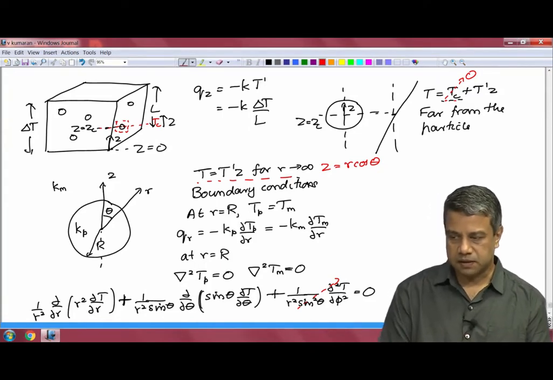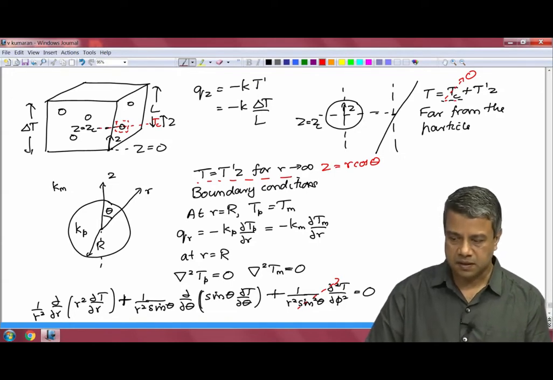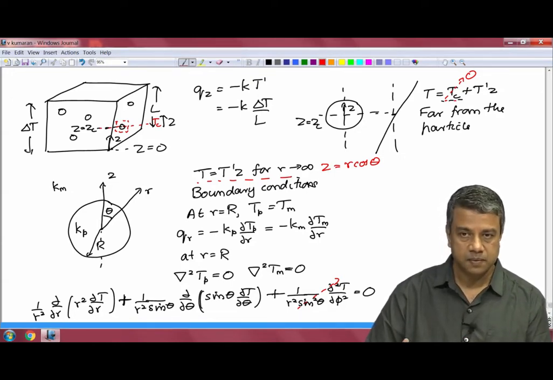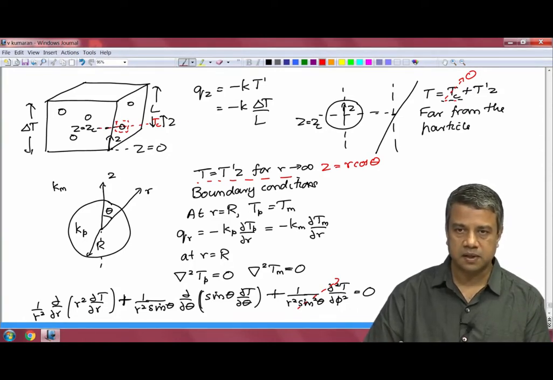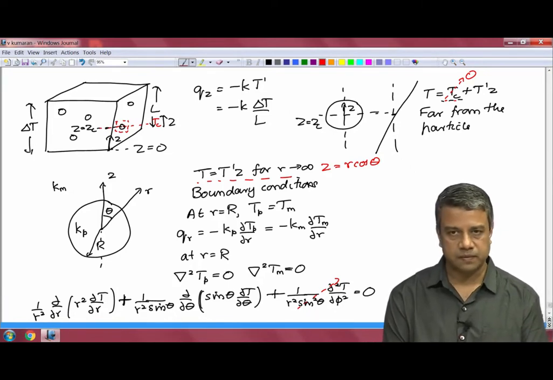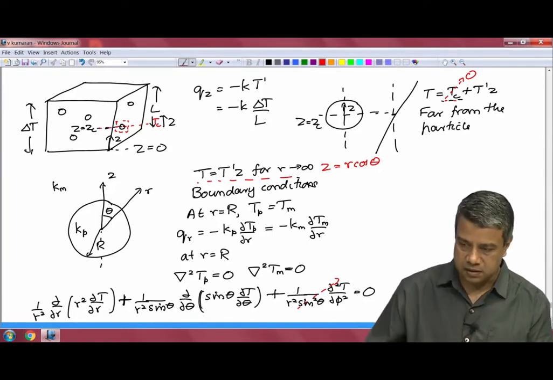So, the temperature field around each particle will be of the form the temperature at the center plus a temperature gradient times the z coordinate far from the particle. Of course, the temperature close to the particle will be different, but the temperature far from the particle will be of this form, constant temperature plus T prime times z in the limit as r goes to infinity.